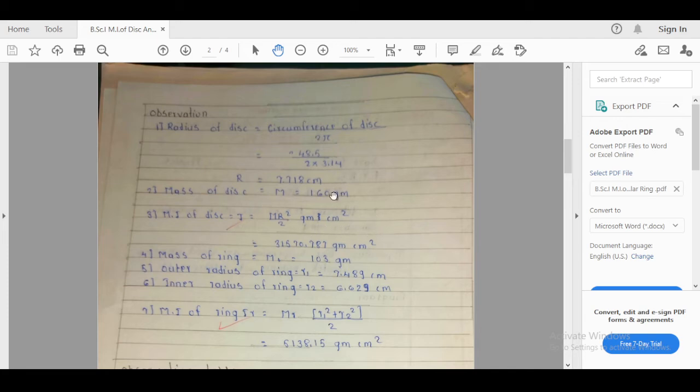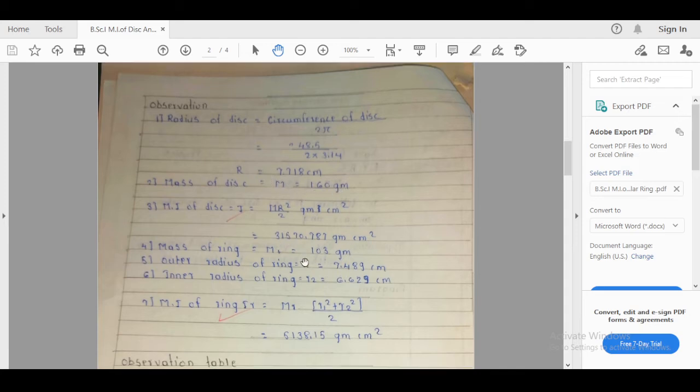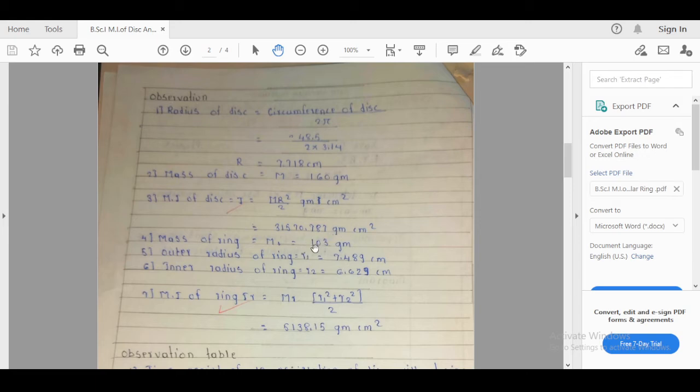By substituting these values, 1600 gram into this figure squared divided by 2, it comes out to be 31670.78 gram square centimeter.